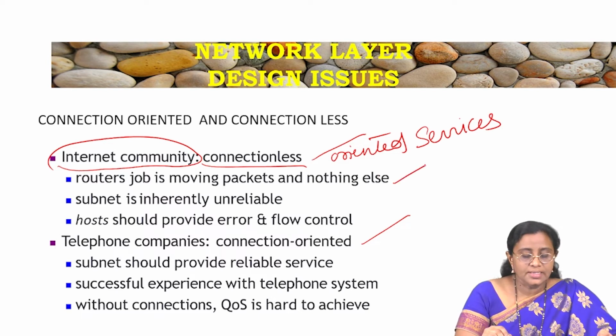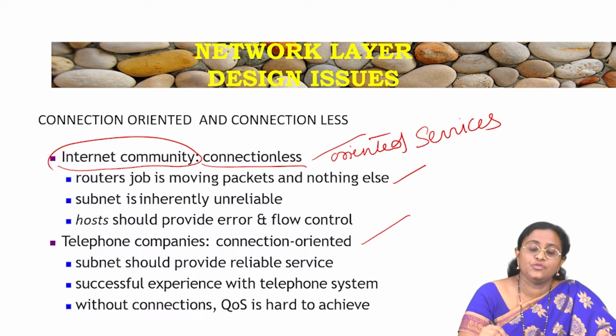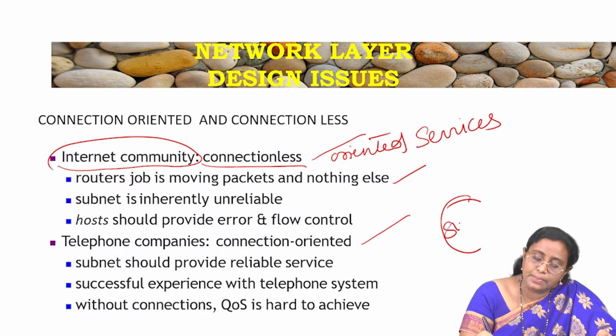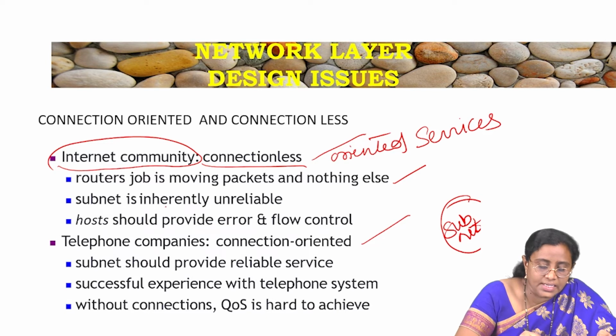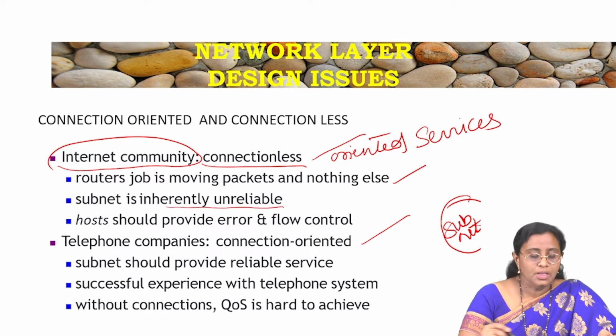The second point is that the subnet is inherently unreliable. There is no reliability in connecting the hosts by means of a subnet. Subnet connection is there, but it should not be considered reliable content. Hence we call it inherently unreliable. The third one is that the host should provide error and flow control.